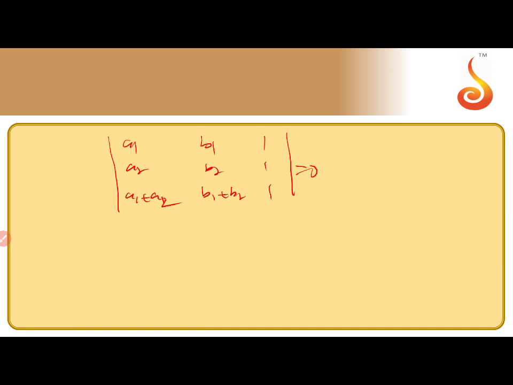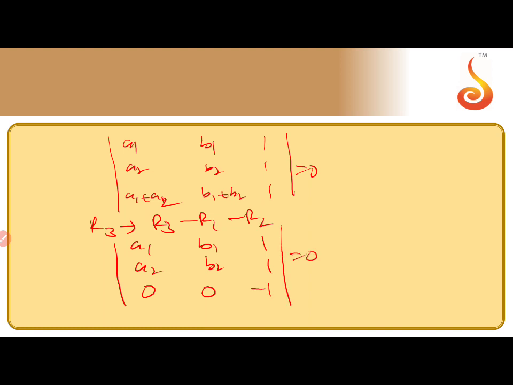Now I will take R3 as R3 minus R1 minus R2. Why? Because a1 plus a2 is there, it is just convenient. The first row remains the same, the second row remains the same, and the third row becomes R3 minus R1 minus R2. So that gives 0, 0, and 1 minus 1 minus 1 is minus 1. Now you can expand the determinant along this row.